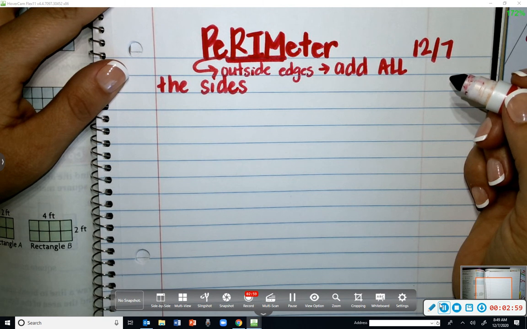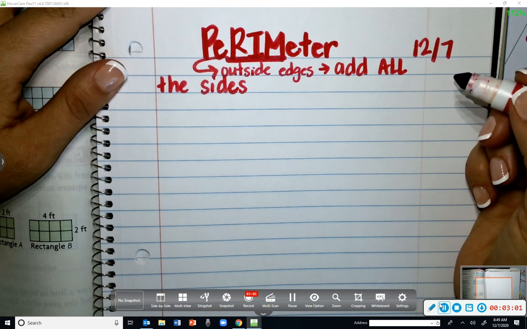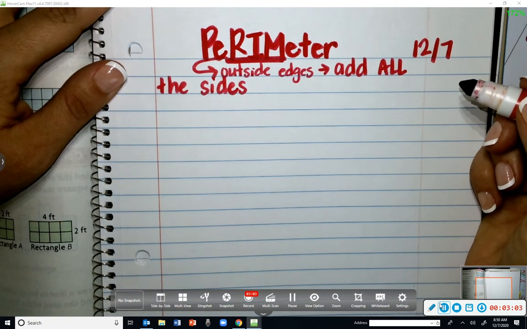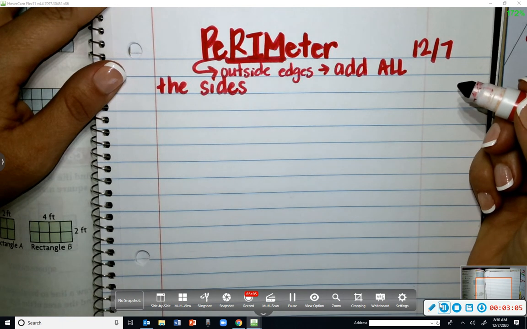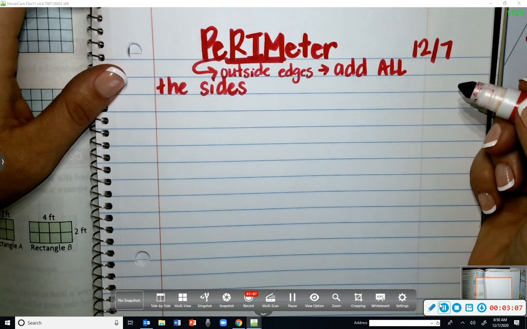So if it has 8 sides, you need to be adding up 8 numbers. If it has 4 sides, you need to add up 4 sides to find the perimeter.